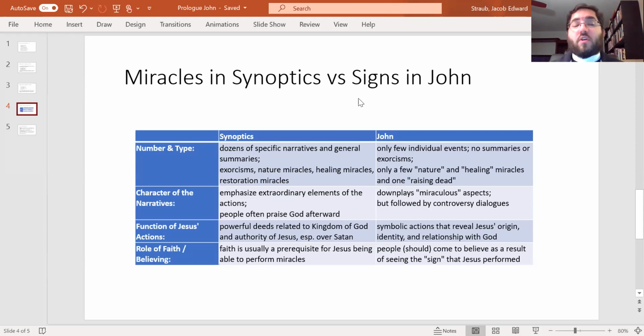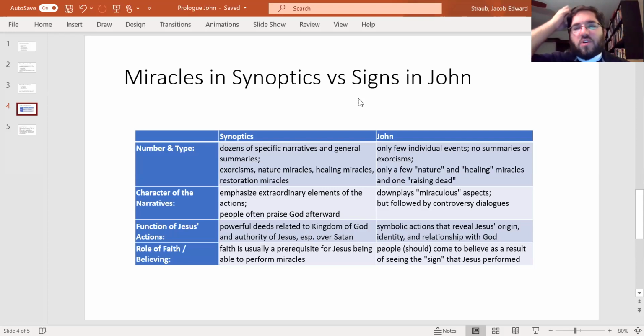What they do for the narrative, so the character of the narratives. The synoptics emphasize the extraordinary actions or extraordinary elements of what Jesus is doing, of what Jesus is. Whereas John's narrative downplays them.